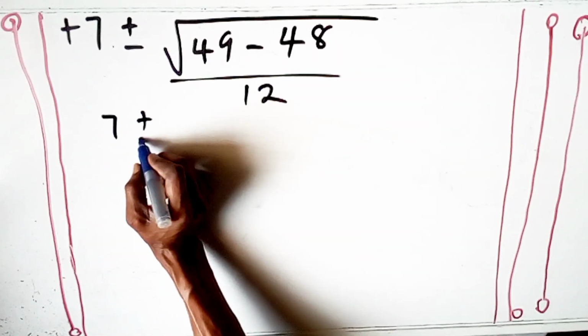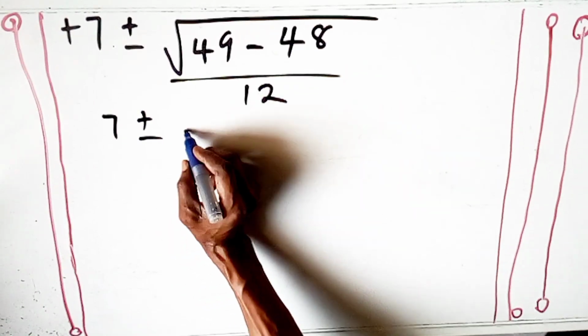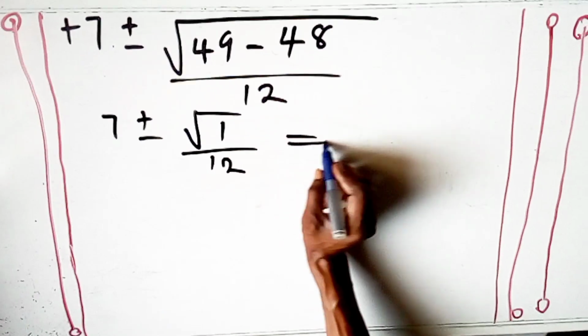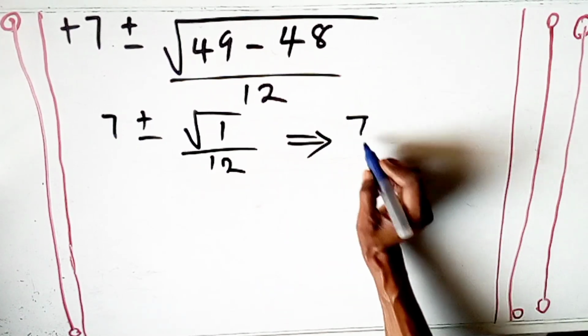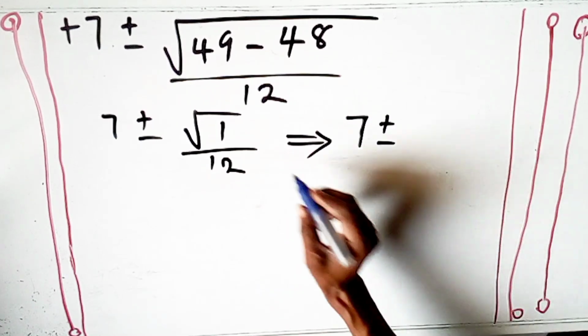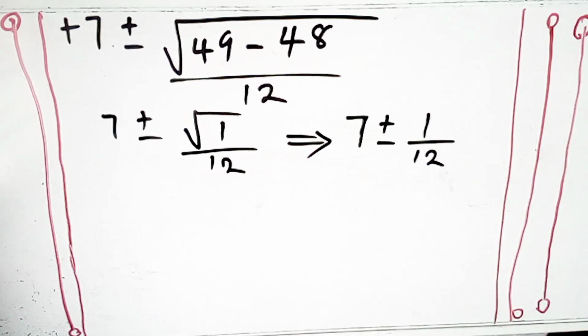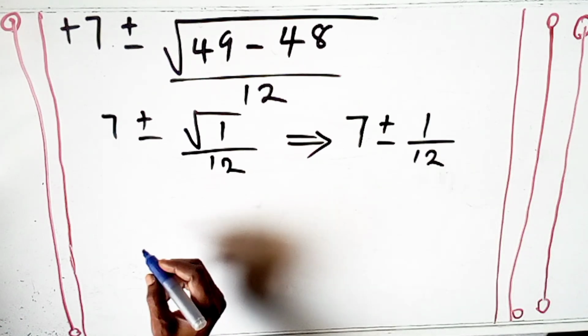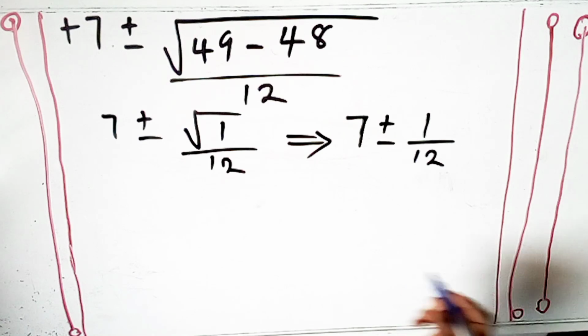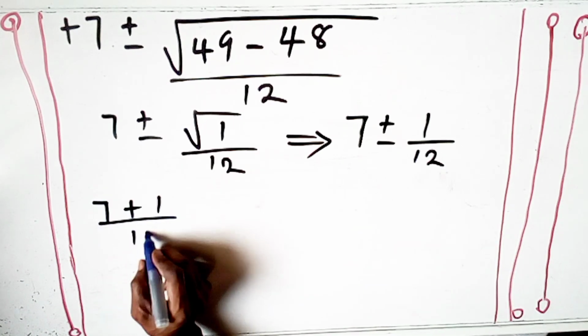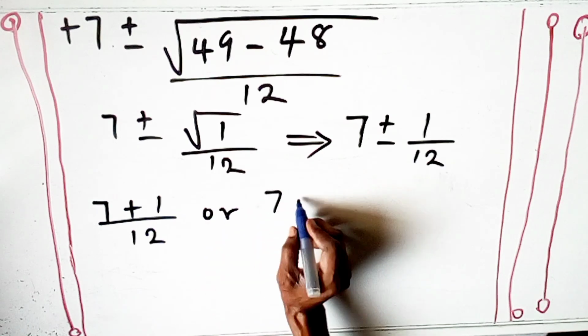And when we did that, 49 minus 48, that will give us 1. And as you know, square root of 1 is equals to 1. So we have 7 plus or minus 1 over 12. So we're going to split them now. 7 plus 1 over 12, or 7 minus 1 over 12.